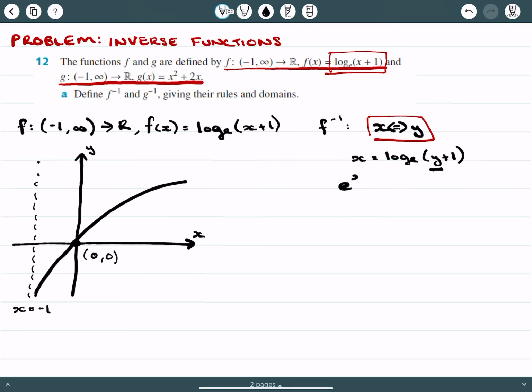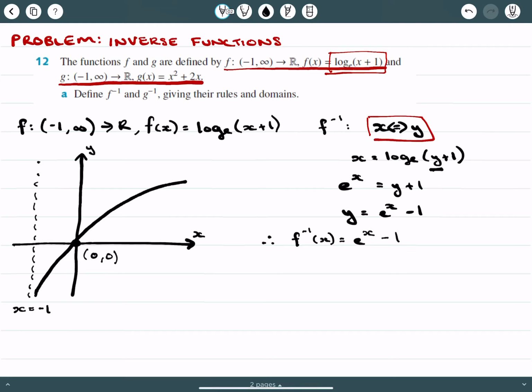So I get e^x = y + 1 and y = e^x - 1. Therefore, f⁻¹(x), the inverse of f, is given as e^x - 1.